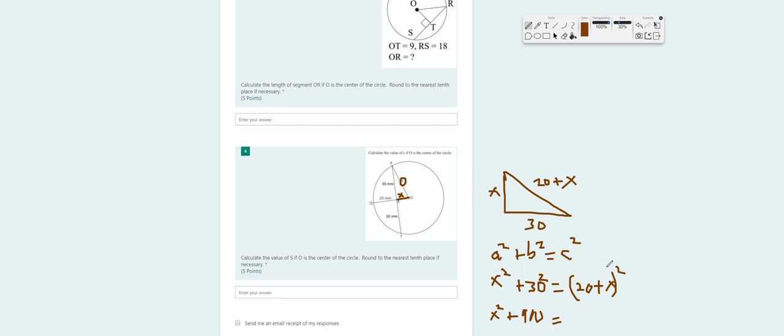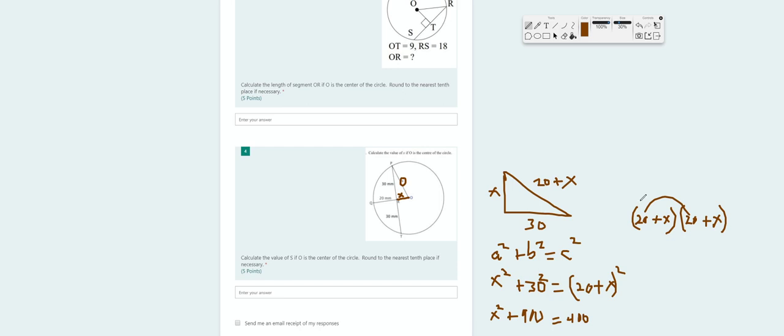It's equal to, now we're going to square everything. We're going to square the 20 plus X. This is multiplying binomials. This is the same thing as 20 plus X times 20 plus X, two times. Okay, so if I multiply 20 times 20, that's 400.